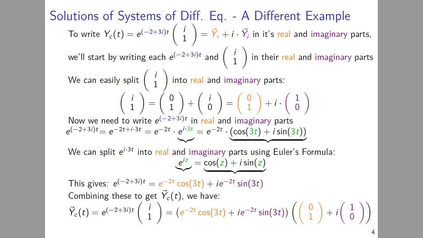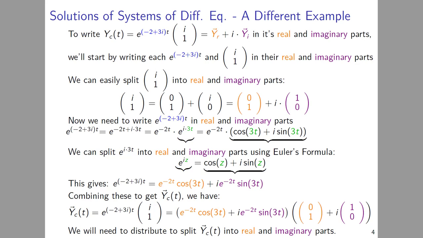We still have a little bit left to compute though, because although each factor is written in its real and imaginary parts, we haven't completely written yc in its real and imaginary parts. So we will need to distribute to split yc into its real and imaginary parts.